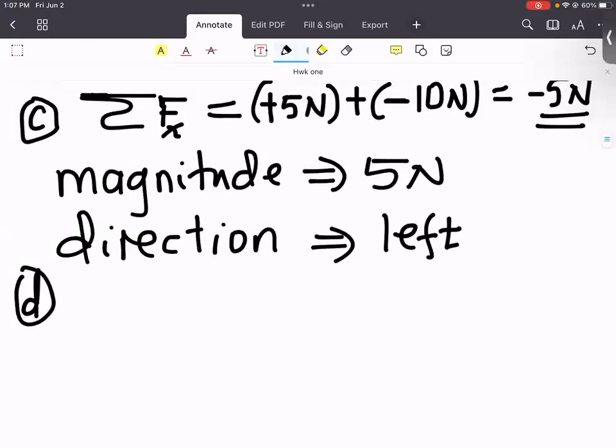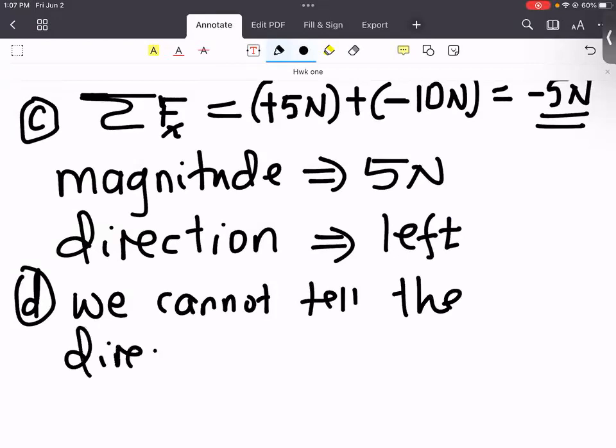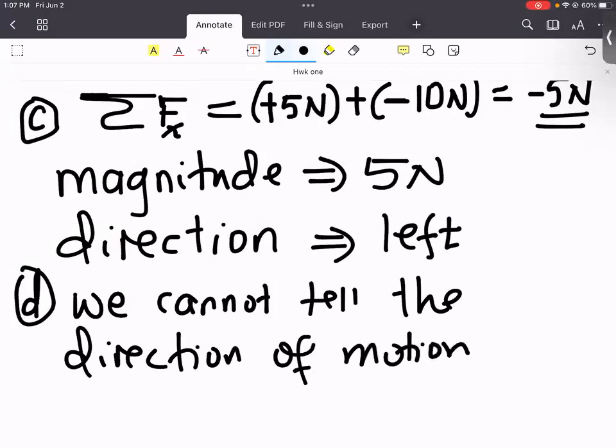As you can see, we cannot tell the direction, unless we know any other information about the object prior to the forces acting on it.